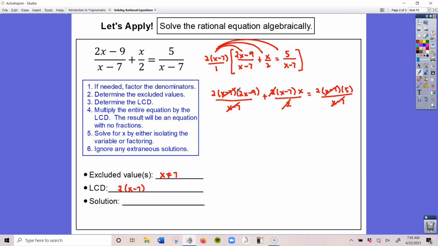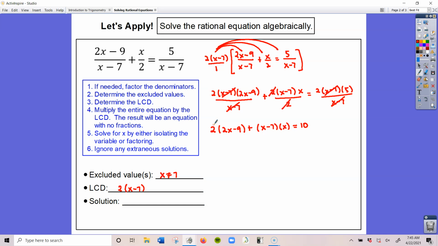So now we write down what's left. Here we have this 2 with (2x minus 9), and then this would be over 1, which we never really need to write. So what we have is just 2 times (2x minus 9) plus (x minus 7) times x over 1, which is just that. And that's going to equal 2 times 5, which is 10.